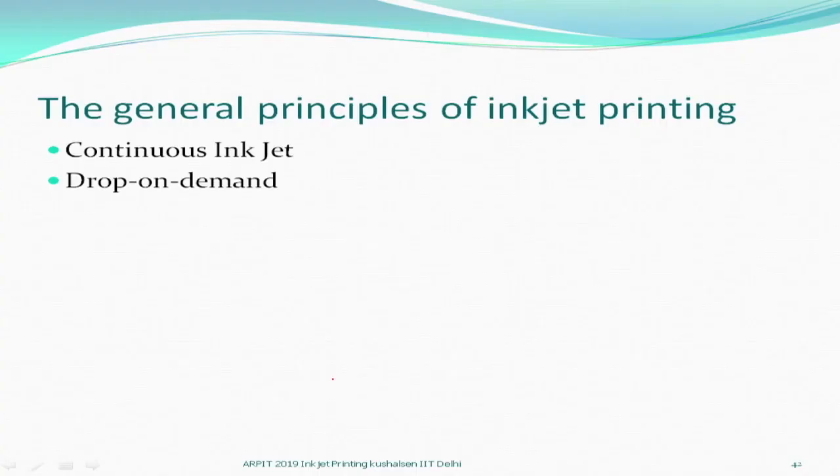The other is a principle called drop on demand, where a drop is generated on demand, meaning wherever there is a design requirement that the yellow drop must come, the yellow will come, otherwise it is, let us say, dormant, all right.